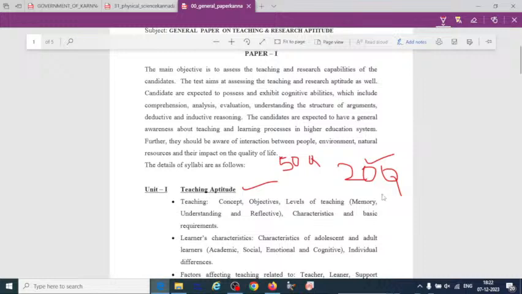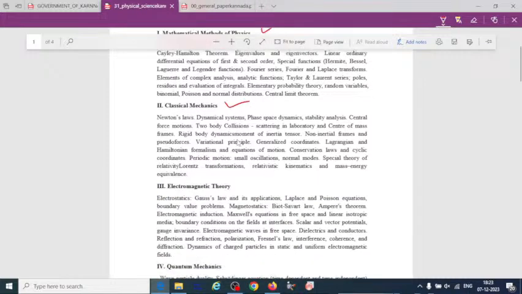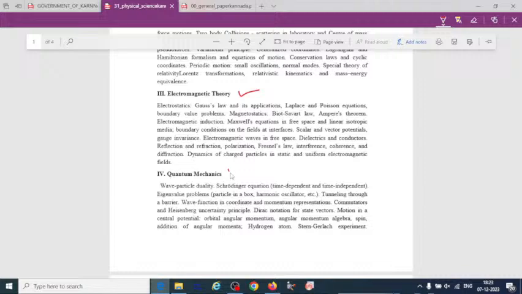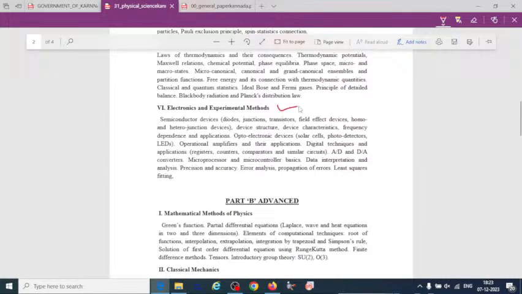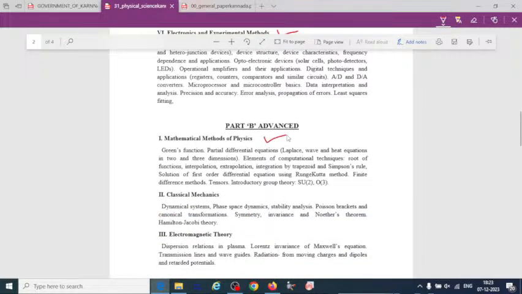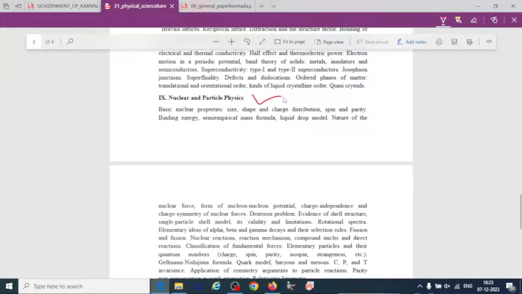Then the second paper: if you take physical science, there are 9 main core subjects. First, mathematical methods of physics, then classical mechanics, electromagnetic theory, quantum mechanics, thermodynamics and statistical physics, electronics and experimental methods. These subjects are going to be the same, and the remaining ones are atomic and molecular physics, condensed matter physics, and nuclear and particle physics.